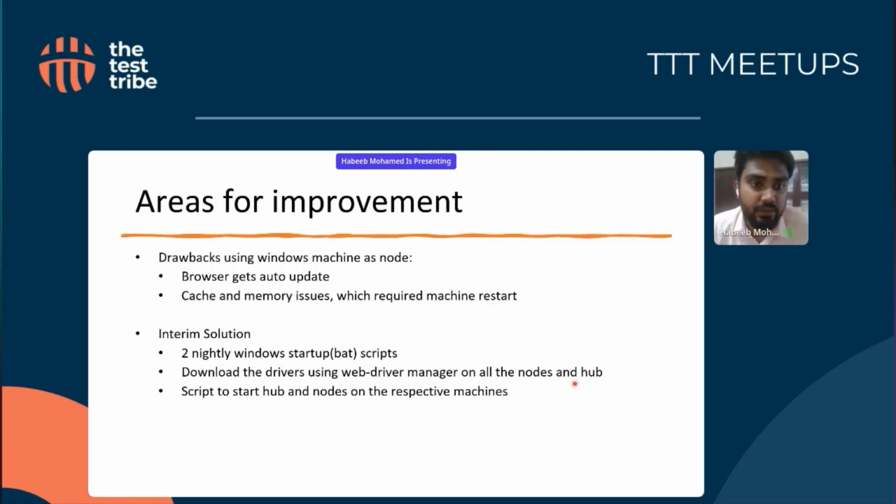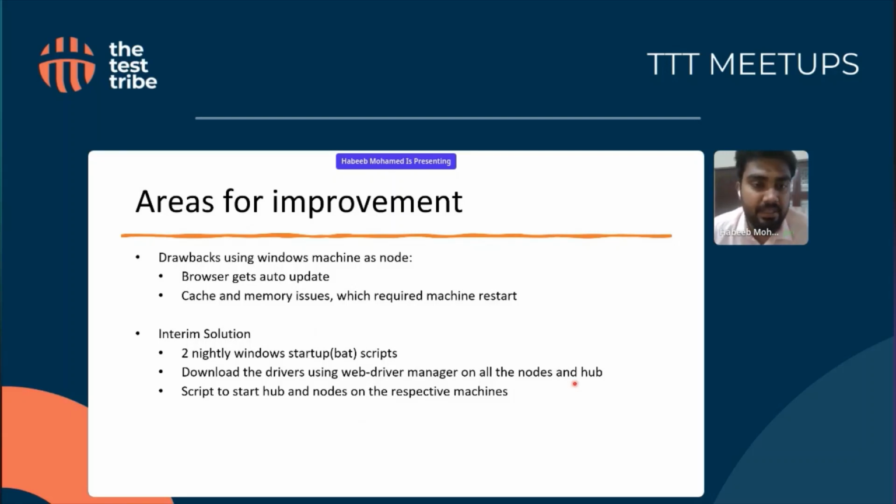When we tried to execute, there was a driver and browser version mismatch, and the execution kept failing. Sometimes we were also facing cache and memory issues within the Windows machines. Even the process gets killed.